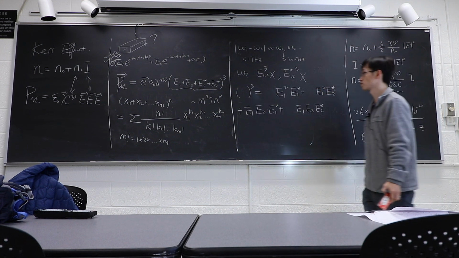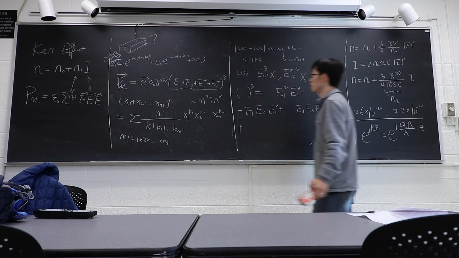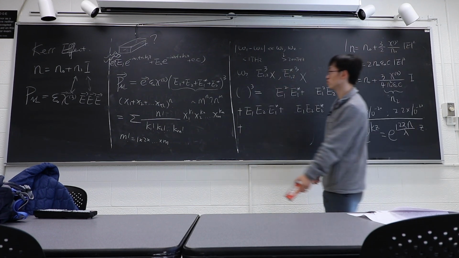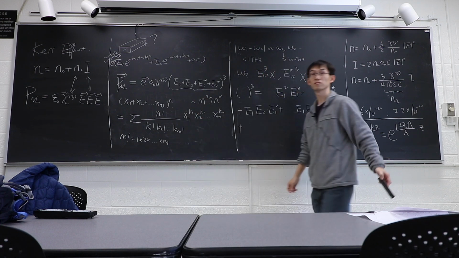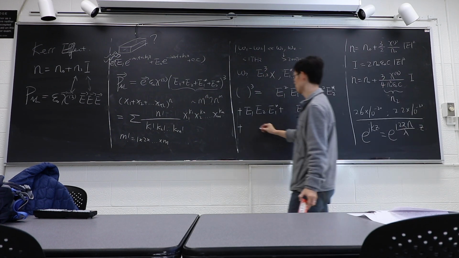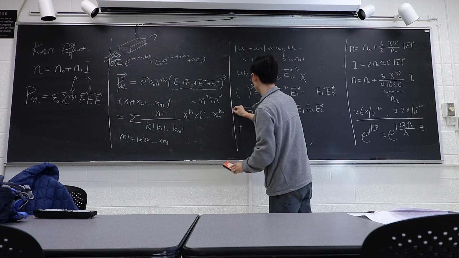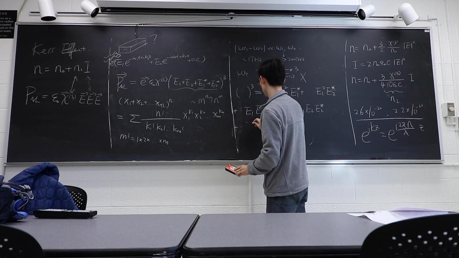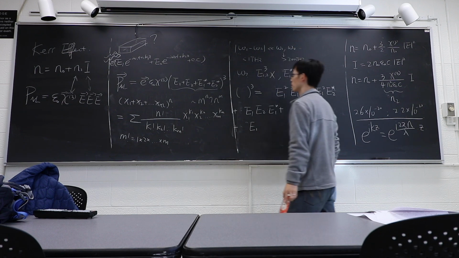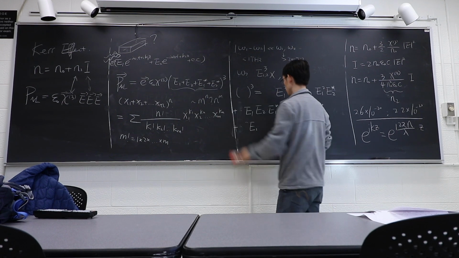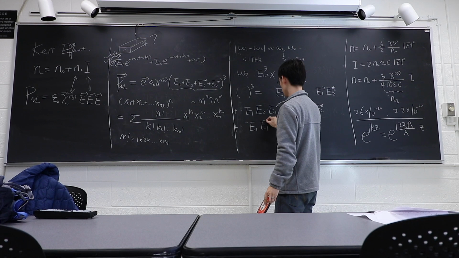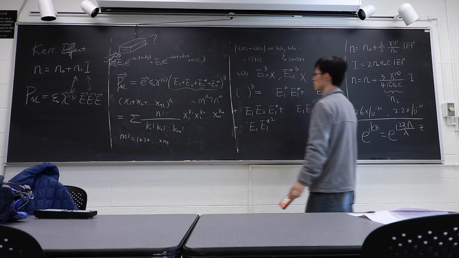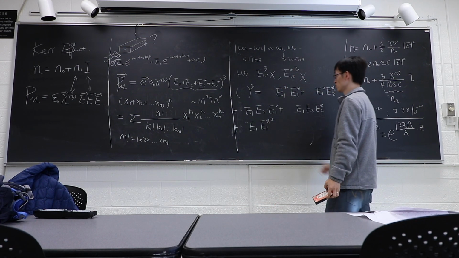The other way is you don't pick up E2: you have E1 star squared. This is one option.